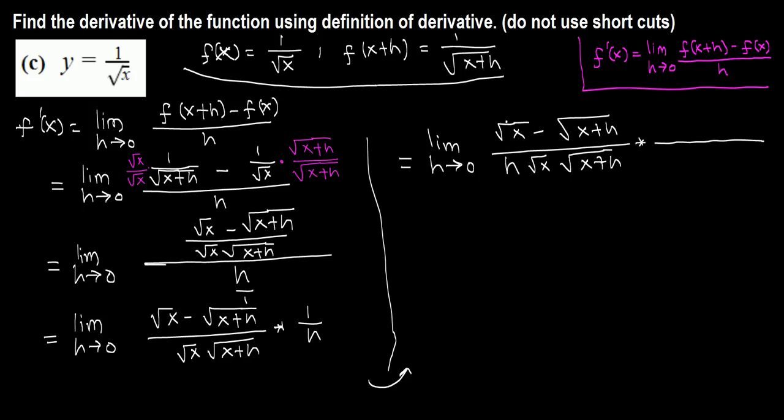So the conjugate of the top is square root of x plus, changing the negative to positive, square root of x plus h, and the same thing on the bottom: square root of x plus square root of x plus h.